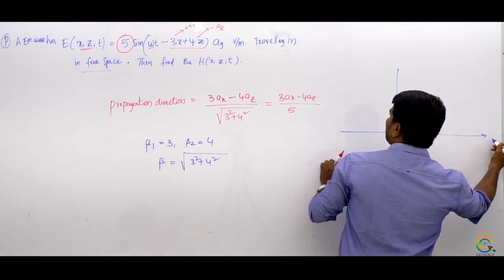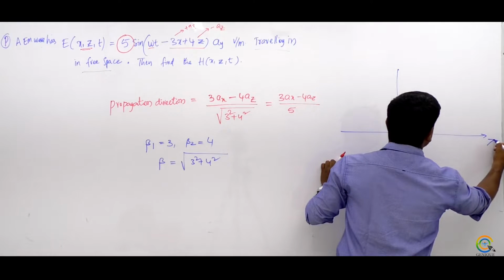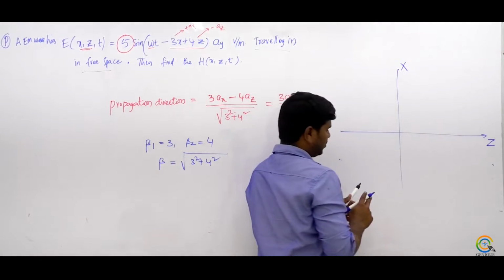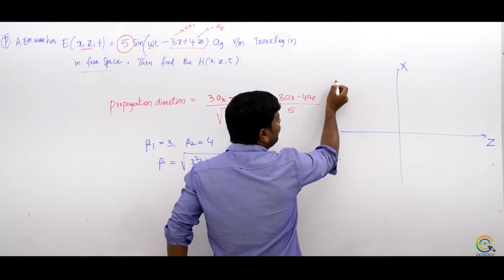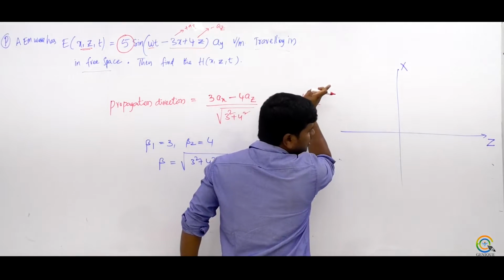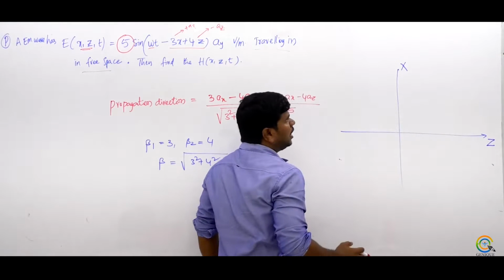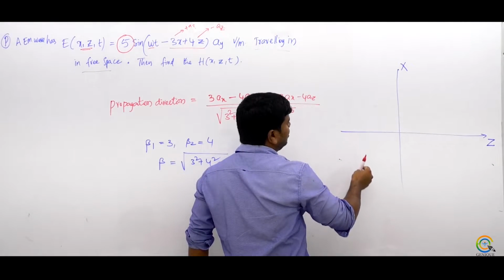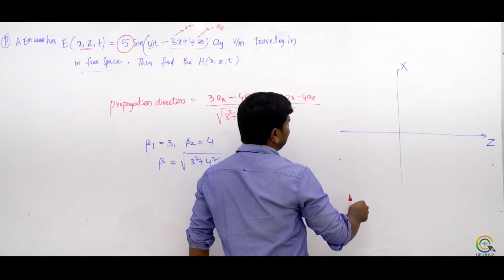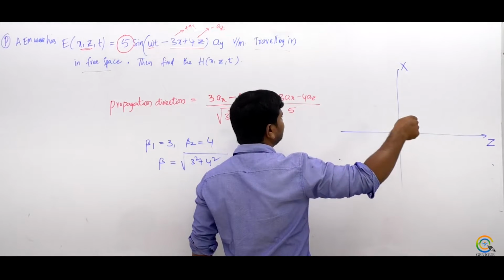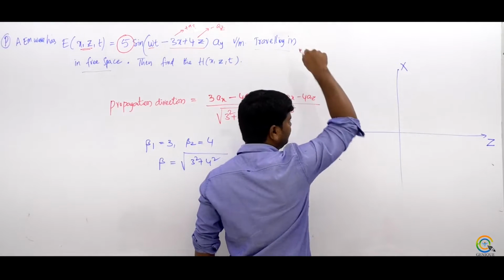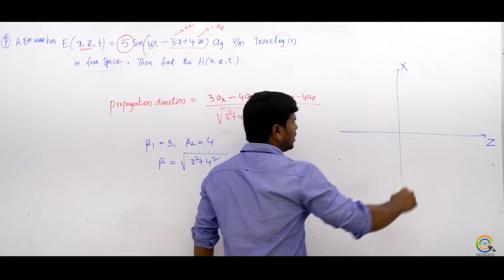This is positive Z direction, this is X and Z. How is the wave traveling? Positive X direction means this one. Like this.